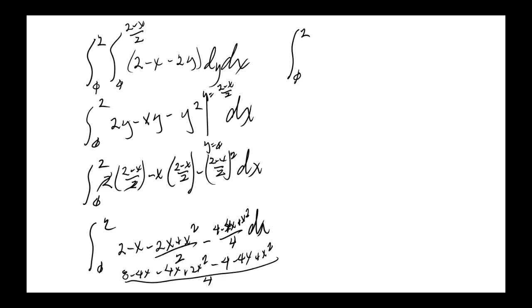Wow, is there anything we can do with this? Well, there is an 8 and a minus 4. That was going to be 4. There's a minus 4x, another minus 4x, another, let's see, whoops, that one's supposed to be a plus 4x. And that was supposed to be a minus x squared.